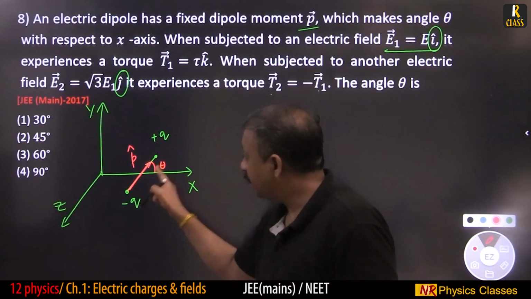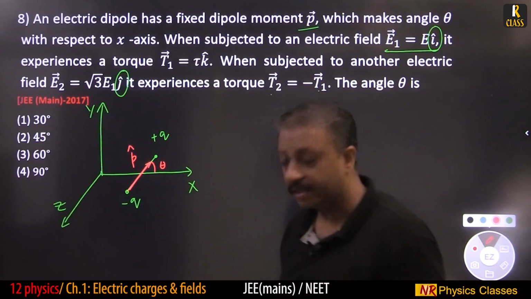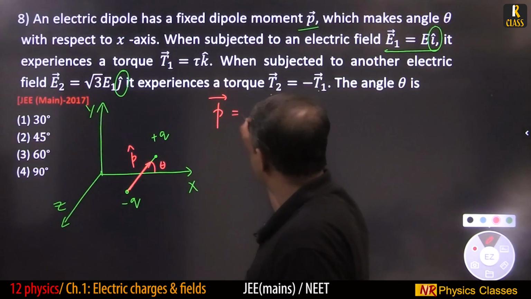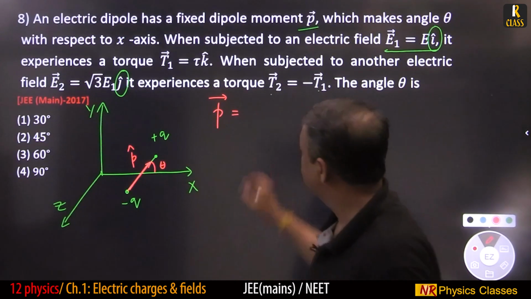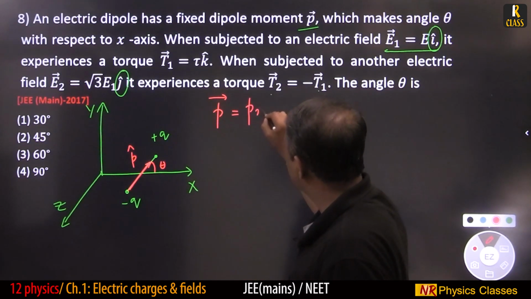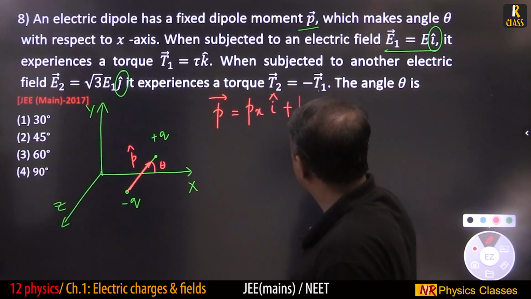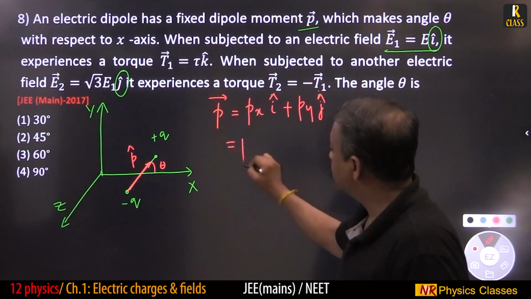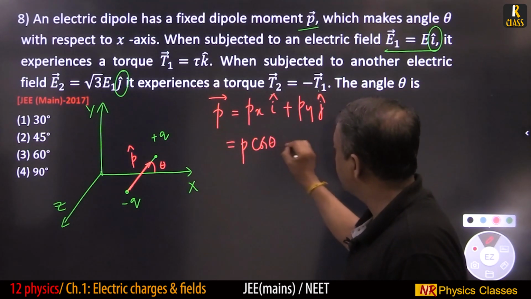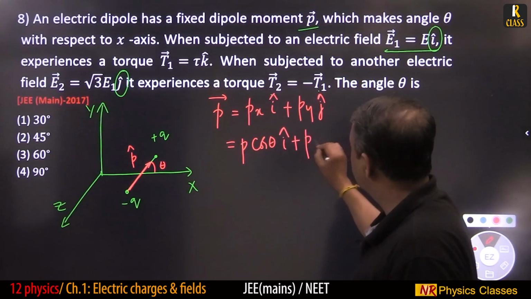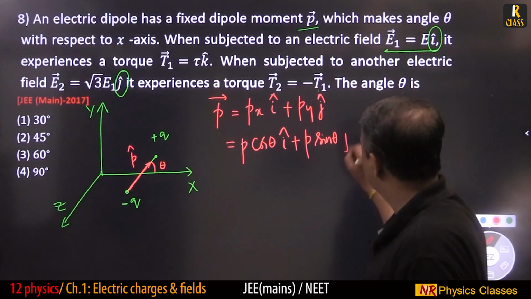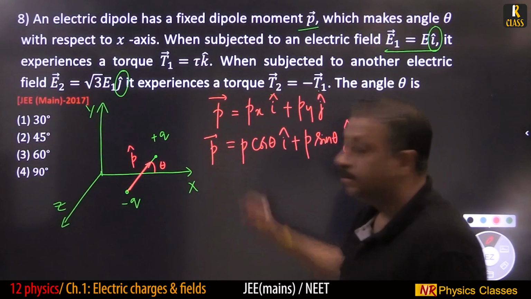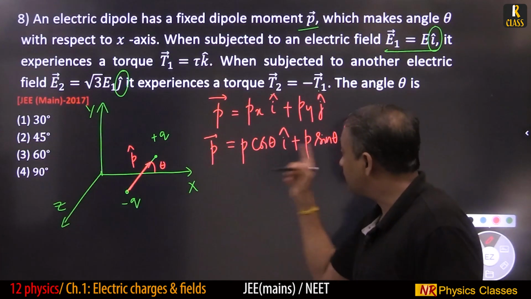If a vector makes angle theta with respect to x-axis, we can write that vector in terms of components: x component into i cap plus y component into j cap. This x component is p cos theta i cap plus p sin theta j cap. Right. So a vector can be represented in terms of its components.